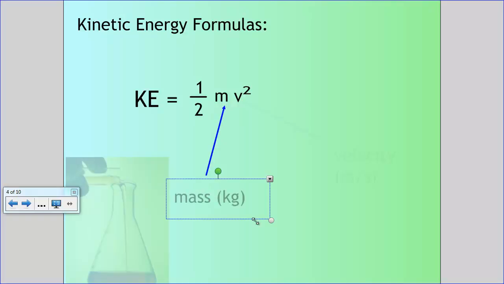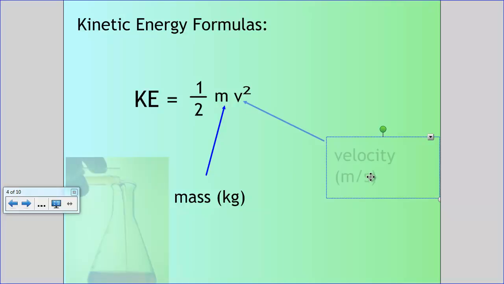The m is the mass in kilograms of the particle, and if we're talking about molecules, that mass is going to be incredibly small. The v is the velocity of the particles, the meters per second that they're traveling, and then we square that. If you multiply all that together, you get the kinetic energy.